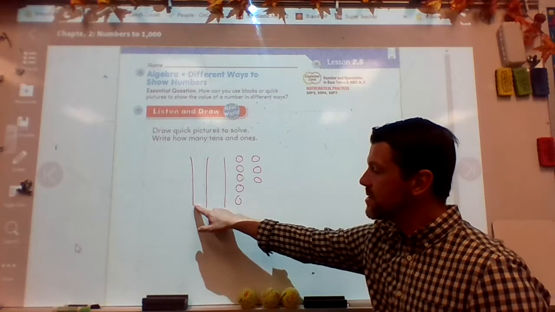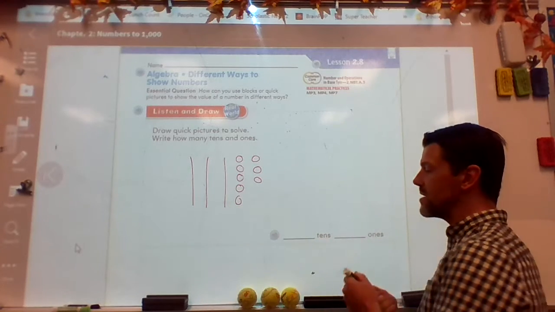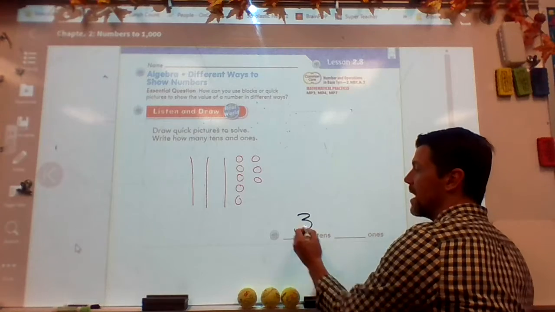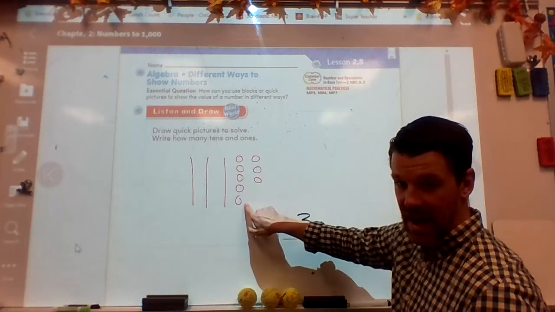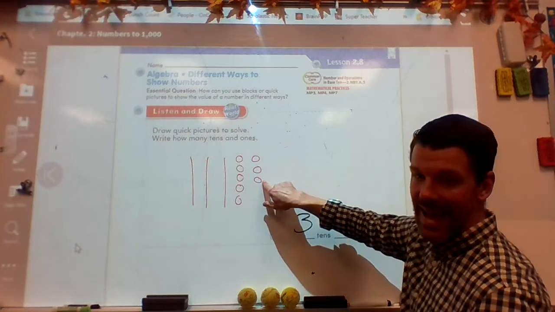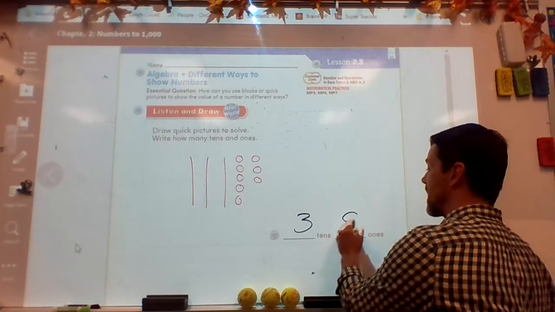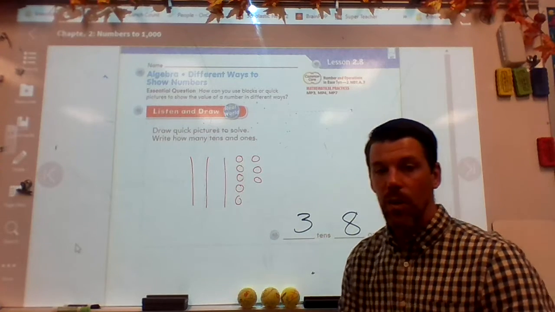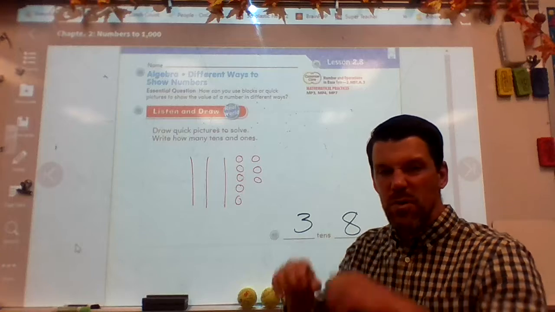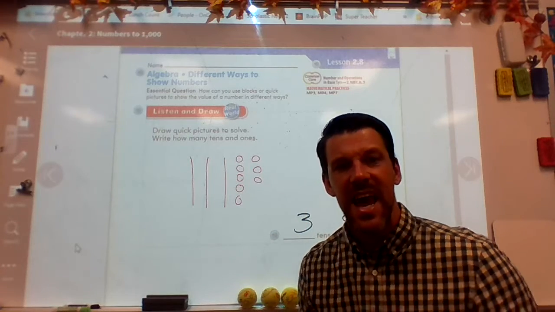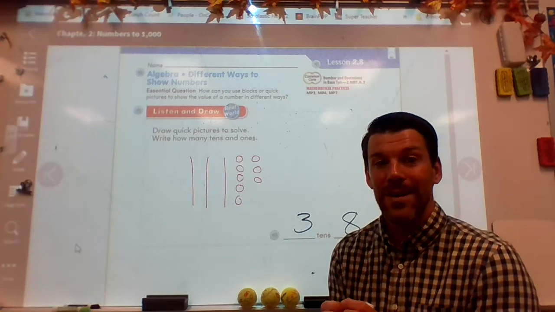I know I have 1, 2, 3 tens, and I have 5, 6, 7, 8 ones. 8 ones. Now we're going to break apart the tens and make them into more ones.